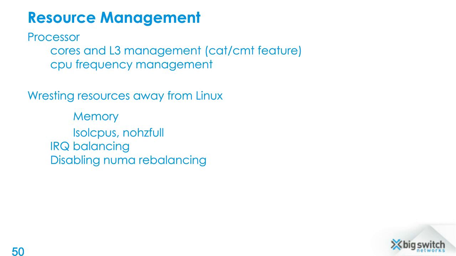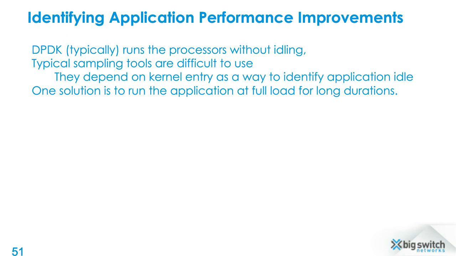Another challenge is that it's really difficult to characterize performance of applications using DPDK. DPDK runs the processors at full speed, never any idling. The processors are always doing something, even if it's nothing.